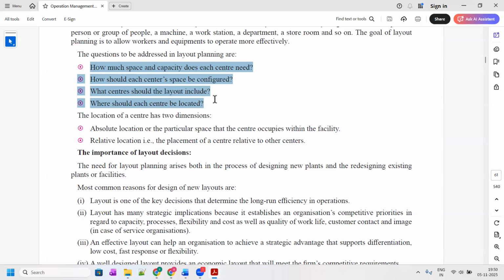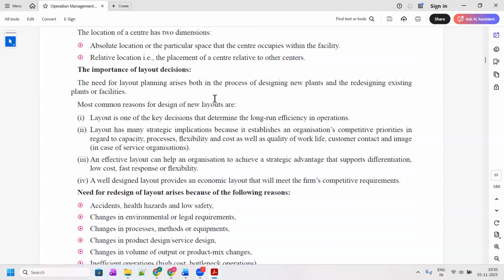Layout basically has many strategic implications because it establishes an organization's competitive priorities in regard to capacity, process, flexibility, cost, as well as the quality of work life, customer connections, and image in the case of a service organization.